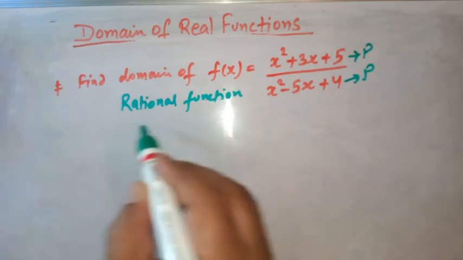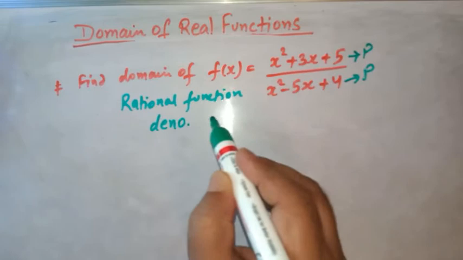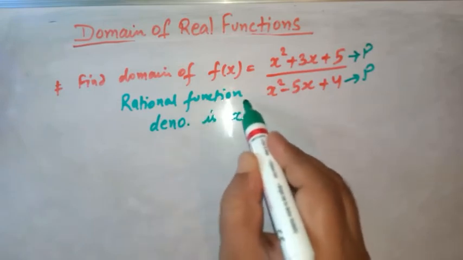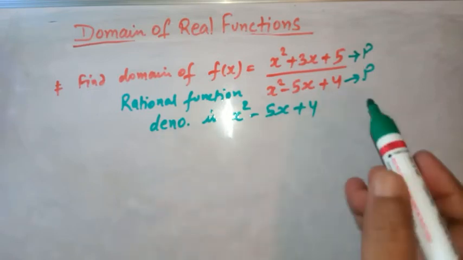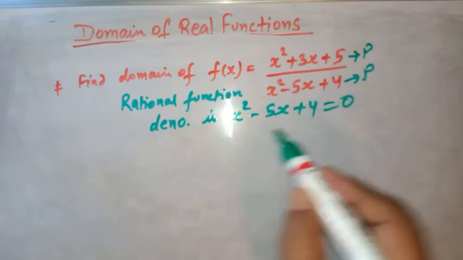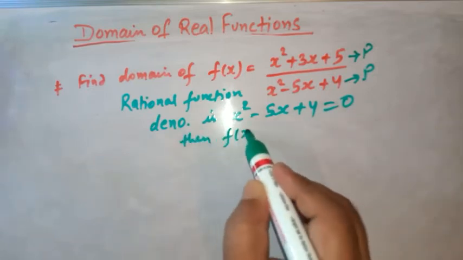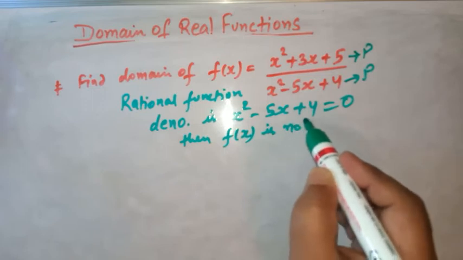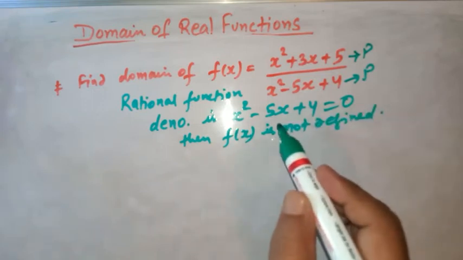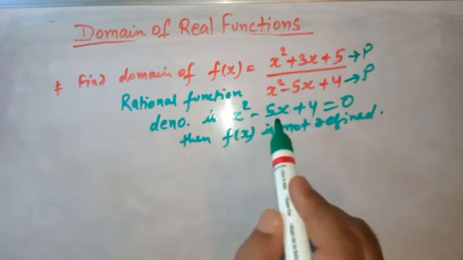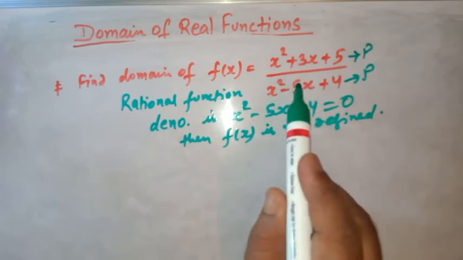So here the denominator is x square minus 5x plus 4. If the denominator becomes 0, then f(x) is not defined. Clear? So we have to exclude those values of x which make the denominator 0.